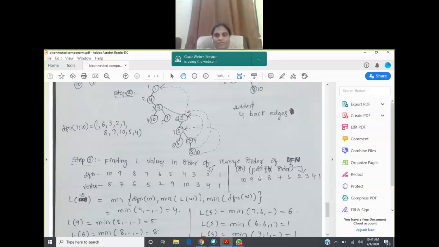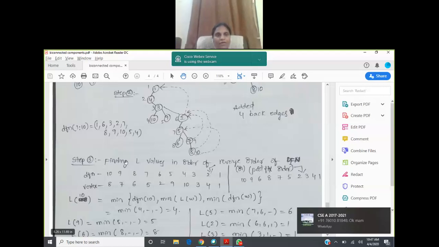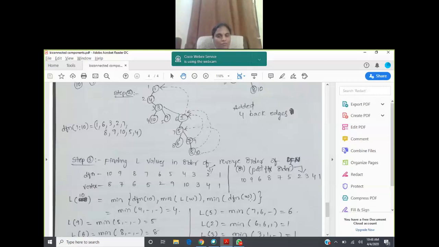First, L of 10, we have to find the L value for 10. What is the formula for finding the L value? Minimum of DFN of u, here u is 10, minimum of L of w, where w is a child of u, and minimum of DFN of w, where (u, w) is a back edge. Is there any child for vertex 10?